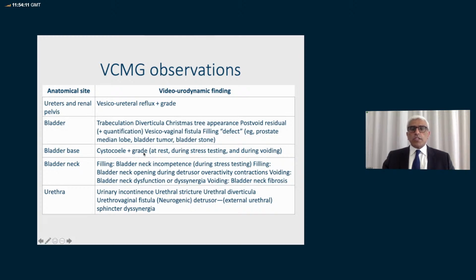If there's a cystocele, then obviously observing for the urinary incontinence, what type of incontinence it is, and we can grade it with the Blavis grading if we use that system of grading for incontinence. And you can see the various abnormalities in the urethra, whether there are stricture, diverticula, or dyssynergia.